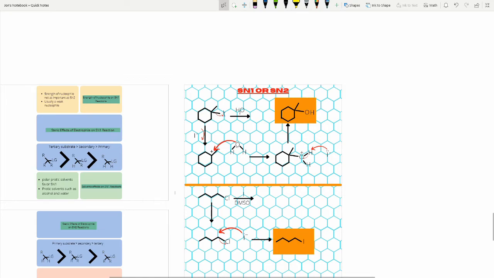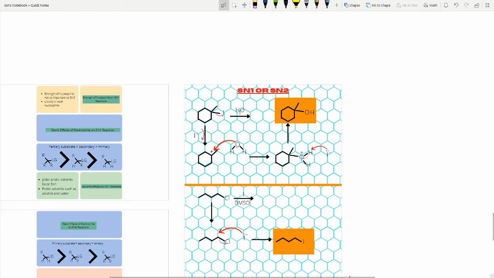Then we have a tertiary carbocation ready to be attacked by the weak nucleophile, which in this case is the water. So then the lone pairs of the nucleophile attack the carbocation, and we get this product right here. Now the iodide that was the leaving group before deprotonates the water, and thus we form this product right here in the orange box.